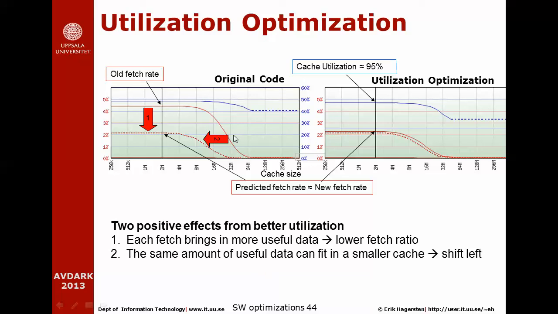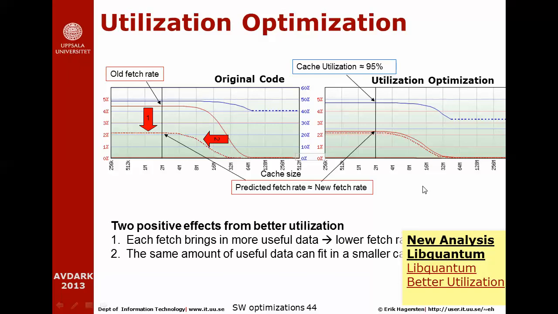That is why this ski slope moves to the left. We can also see that the cache utilization that used to be 50% now went to 100%. It's hard to see in this picture because the scale went off the slide edge here, but trust me, this is the 100% line up here, and we were at 50%.